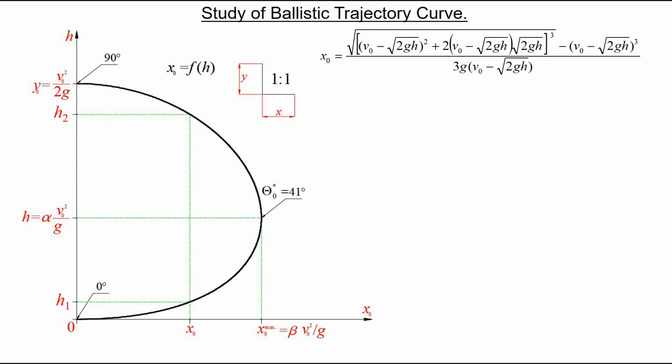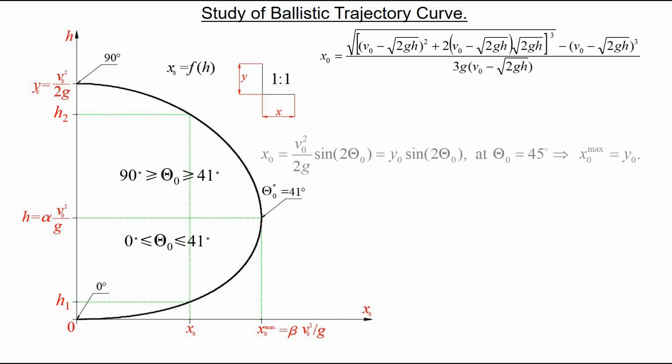This line divides the curve into two halves. On top of the curve, the angle range is between 90 degrees and 41 degrees, and on the bottom we have an angle range between 0 and 41 degrees. Present theory has 45 degrees at which the projectile flies maximum distance x0.